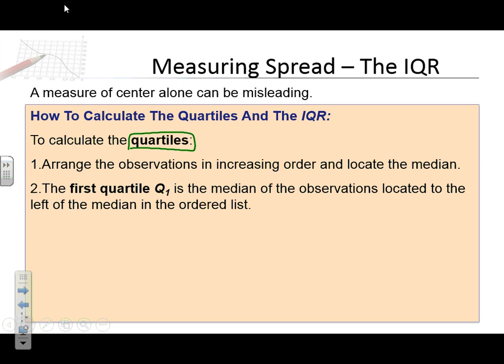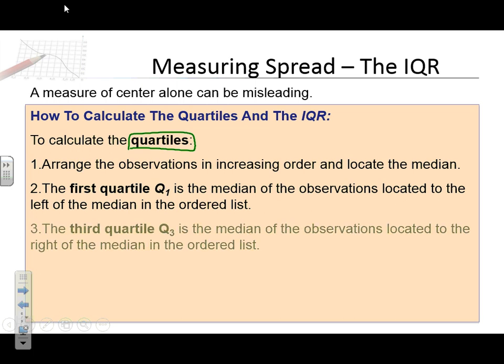So that's the median of the lower values. So first quartile, or quartile 1, is the median of your lower 50%. The third quartile, quartile 3, is the median for the observations located to the right. So that's the median of your upper values.